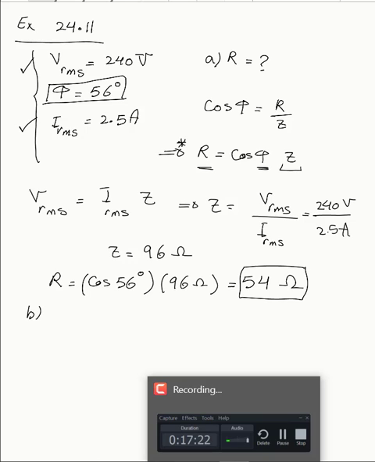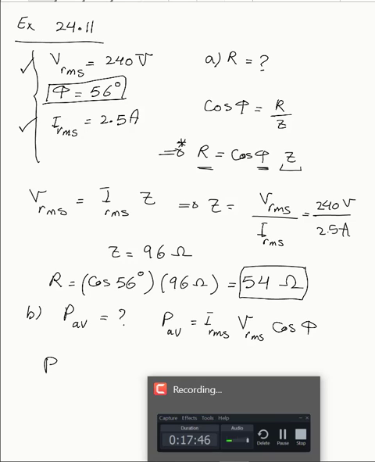Okay, part B is asking me to find the average power consumed by the circuit. So again, for the average power we had a simple equation: P average is I RMS times V RMS times cosine phi. So what's easier than this?